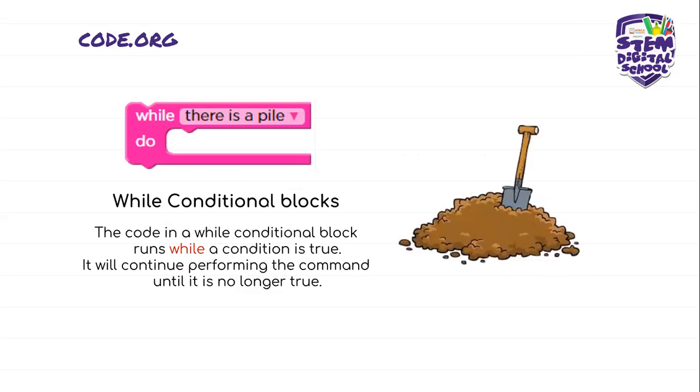So this is what our while tab looks like, or our while block. And one thing we have to take note of is you will see while, and then it gives a command or a statement, while there is a pile. Okay, now that could be anything.